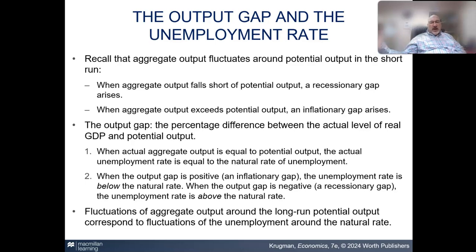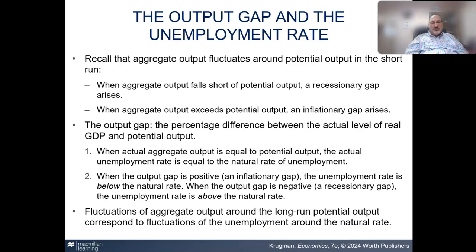When actual aggregate output is equal to potential output, the actual unemployment rate is equal to the natural rate of unemployment, the NRU. When the output gap is positive, we have an inflationary gap, and the unemployment rate is below the NRU. If the output gap is negative, we have a recessionary gap, and the unemployment rate is above the natural rate.